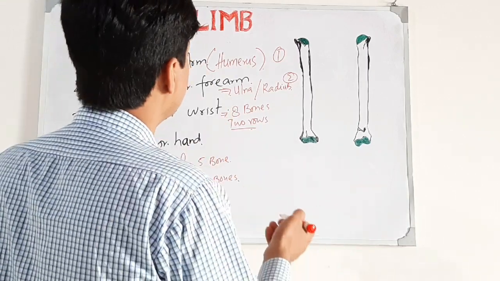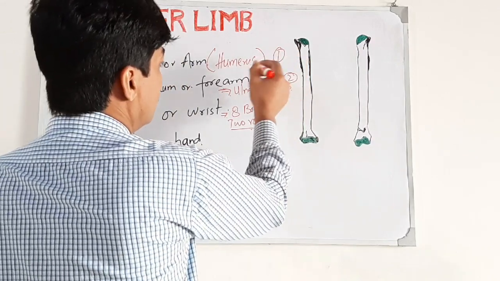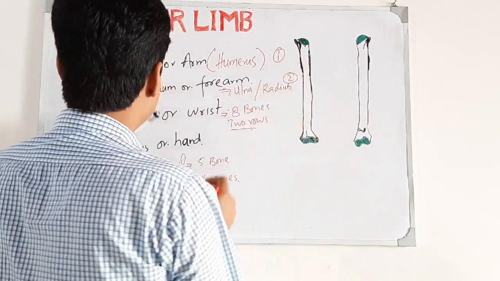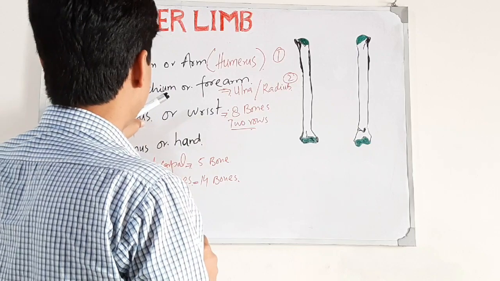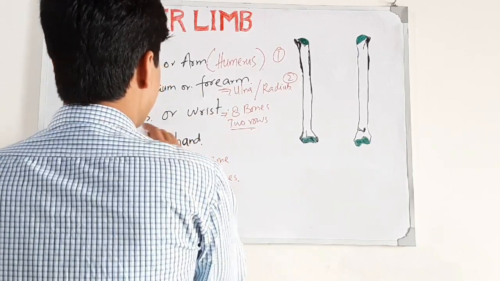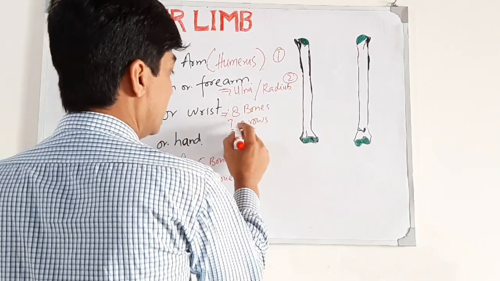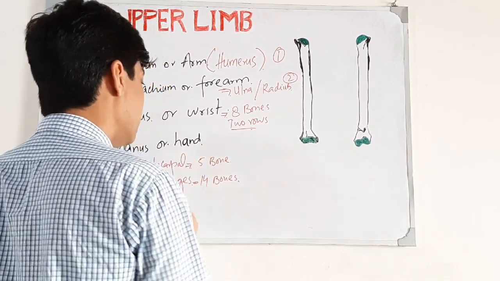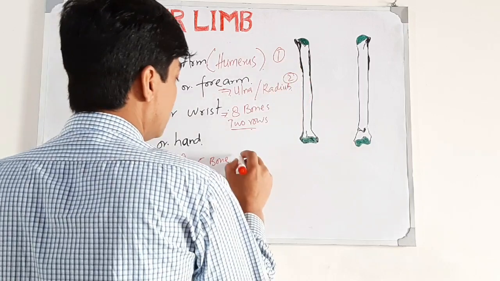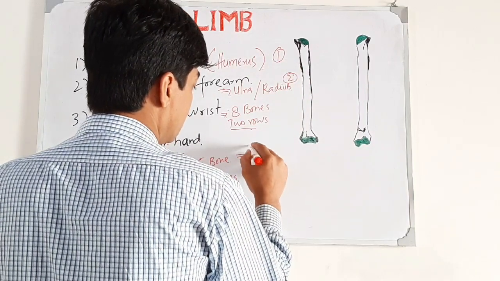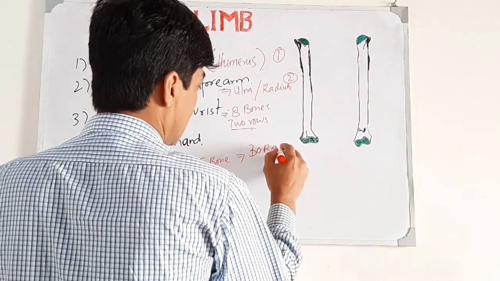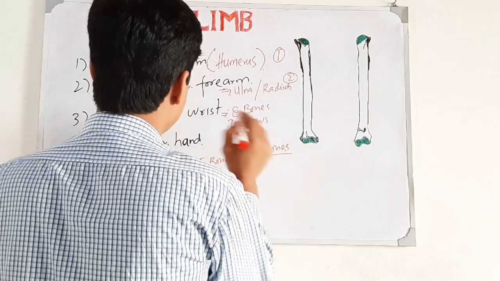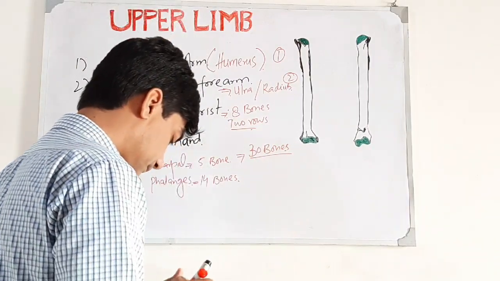We can count: 1 is the humerus, 2 are the ulna and radius in the antebrachium or forearm, 8 bones in the carpus or wrist, 5 in the metacarpals and 14 in the phalanges. So these are a total of 30 bones in each limb.